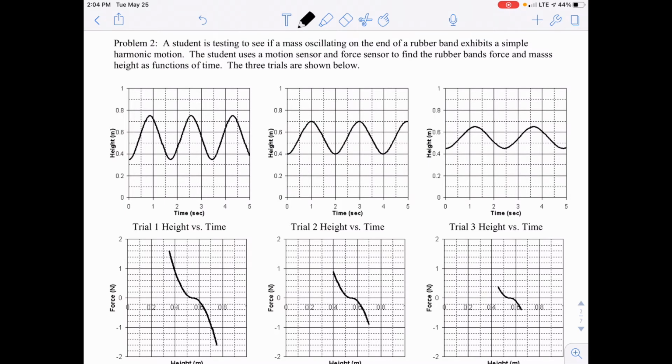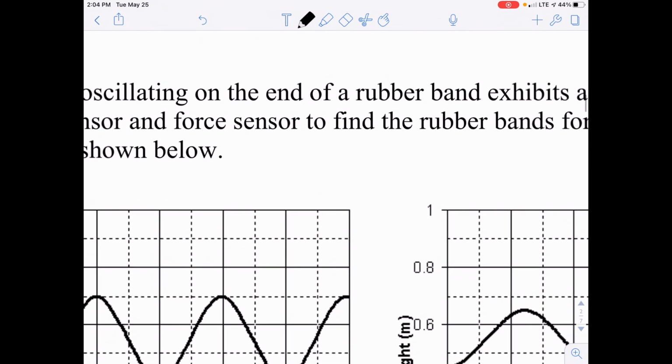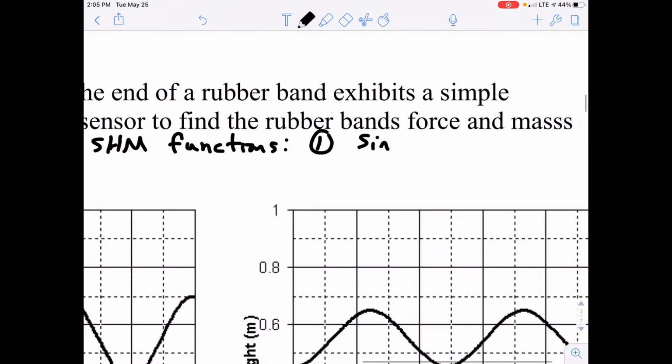So let's review. Number 1, all simple harmonic functions will be sinusoidal. That's number 1.